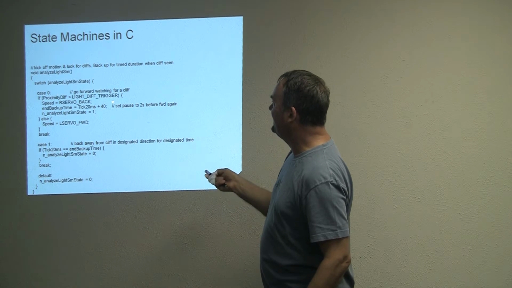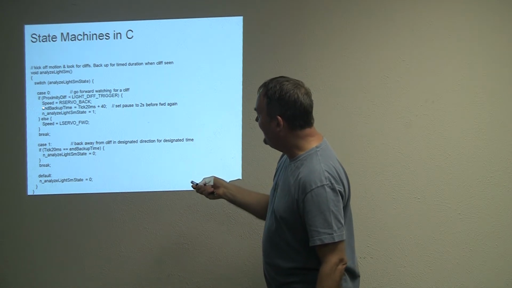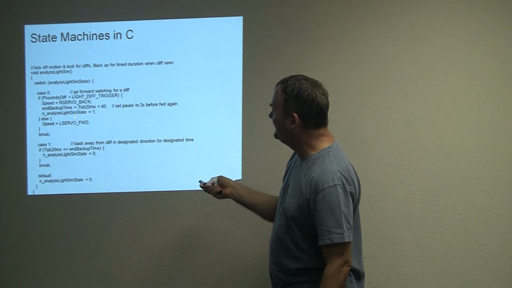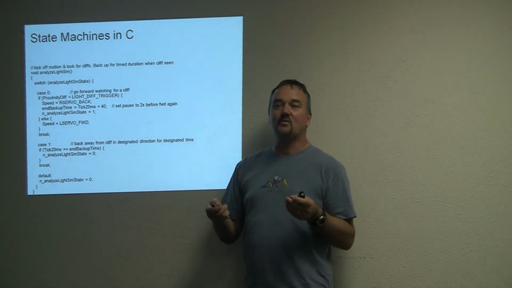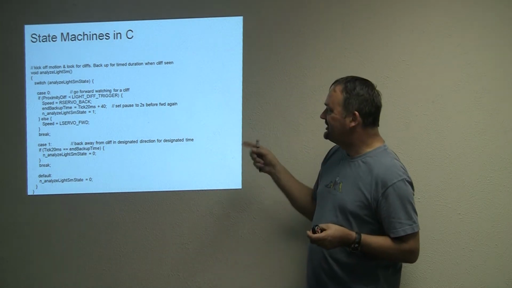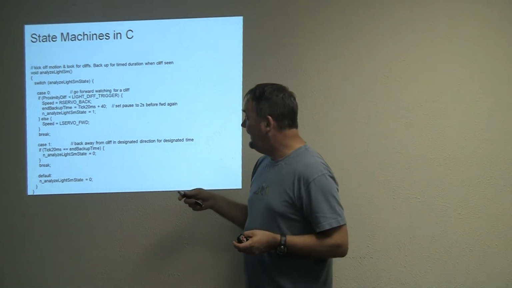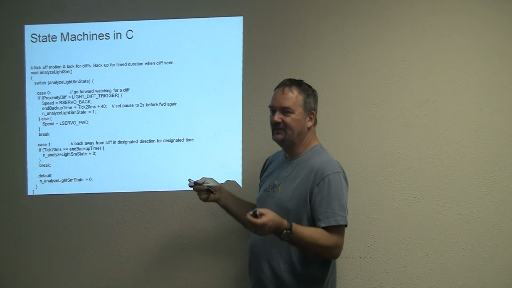If that's less than some trigger, then it changes the speed. It sets a backup time, and it says next analyze state machine state equals 1. That's, next state will be 1. It doesn't actually change the state right there, and I'll explain why in a minute. Or else it stays in the same state, and the speed is servo going forward.